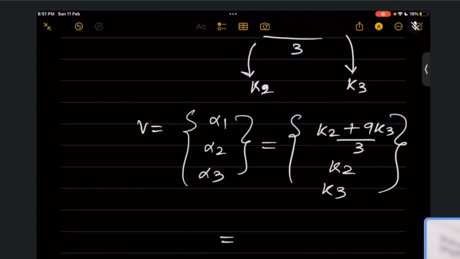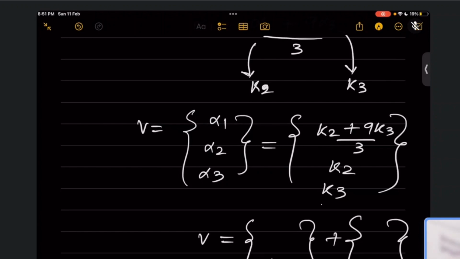Now here you can break it into two distinct eigenvectors. Sometimes even if you break it into two vectors, you will get the same vectors, but in this case you're going to get different vectors. You can break it in any way. How I do it is that here it is k3, so I'll put k3 here and here it should be 0.